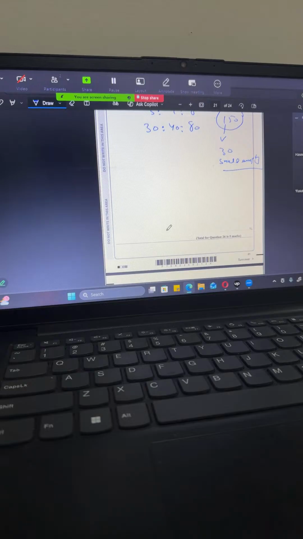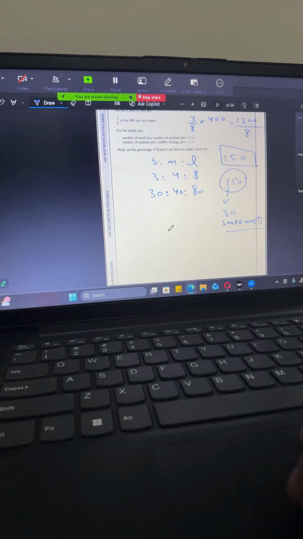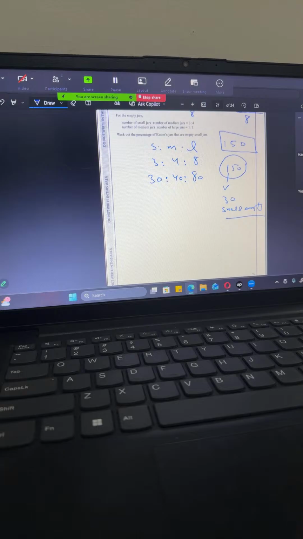First, please find the 30 out of 400. What is going to be that in the percentage? We have 30 divided by 400 multiplied by 100, right?